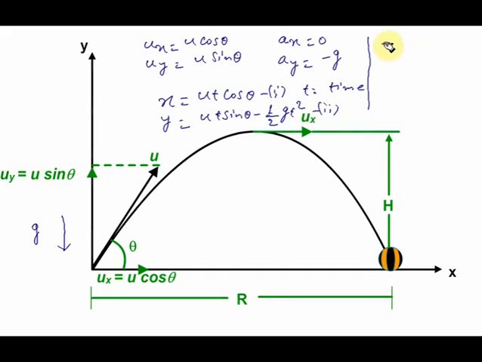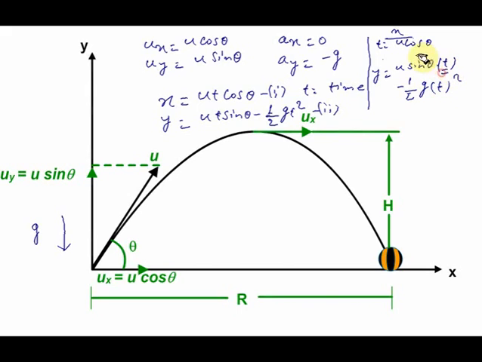Now from equation 1 we can write t is equal to x by u cos theta, and we can put this value of t in equation 2. So we can write y is equal to u sin theta into t minus half gt square.